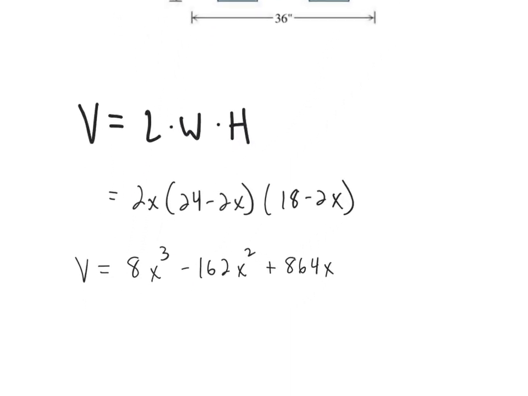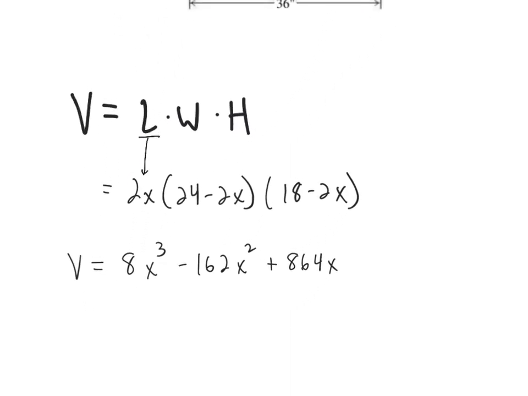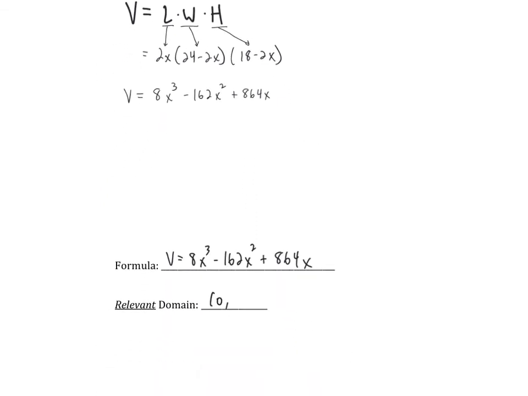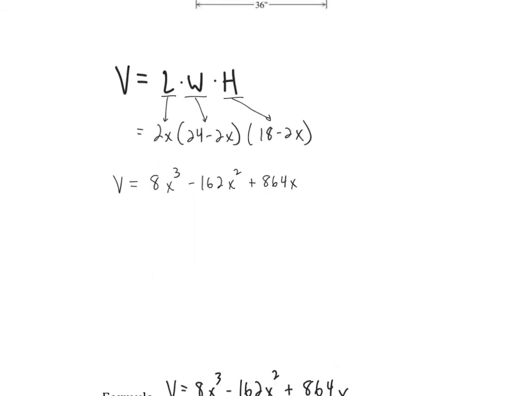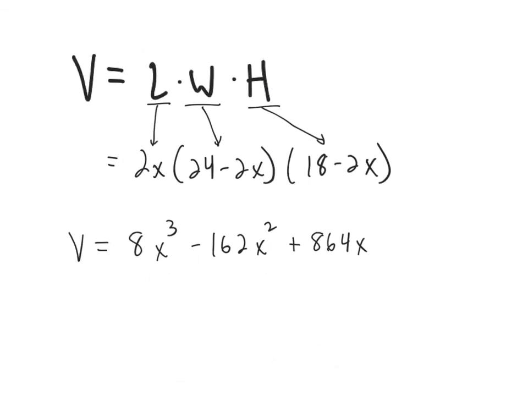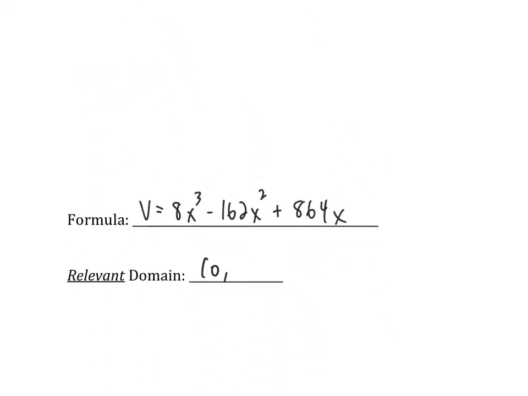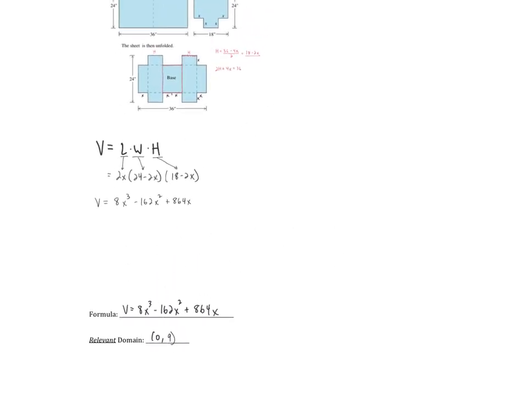You can see the length is this, the width is this, and this is the height. So each one of these really has to be positive. So x can't be 0, but it can be anything greater. According to this, x can't be 12 or bigger. And according to this, x can't be 9 or bigger. So 9 will be the biggest that it can be. So that's our relevant domain.